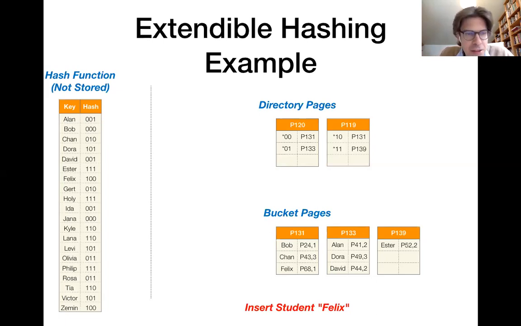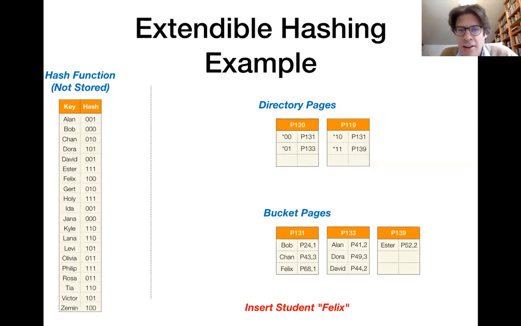It's the same principle. Now we've inserted Felix, and now we are inserting Gerd. And Gerd has a hash value 010. So that means it would have to be inserted into page number 131. But now that page is also overflowing, so we need to split it into 2 pages.